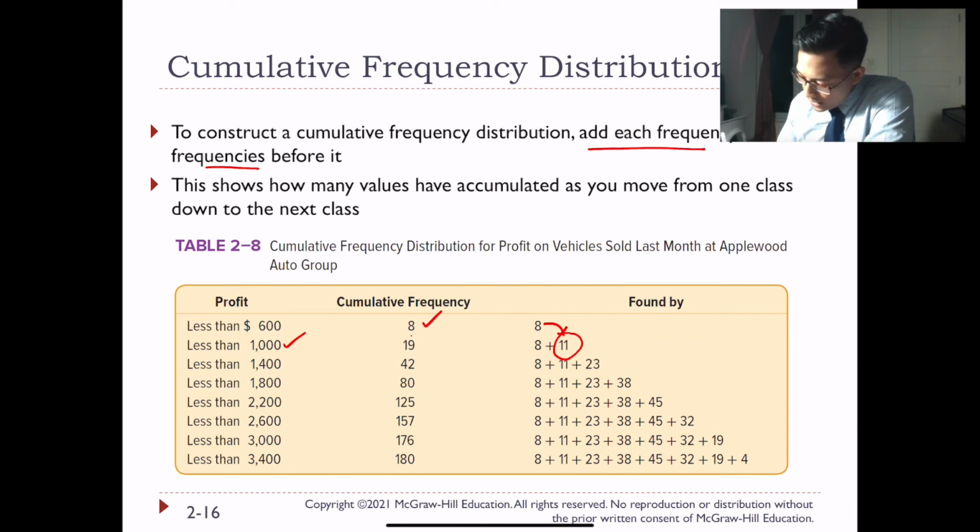If you add it all up, you get a cumulative frequency, and the total should be the total number of observations that you have in your data.